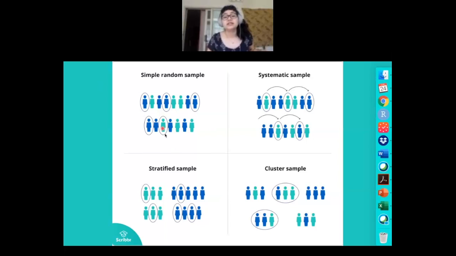Because I only have one blue person, I can't make generalizations about this teal individual, but I can say things about the entire population.